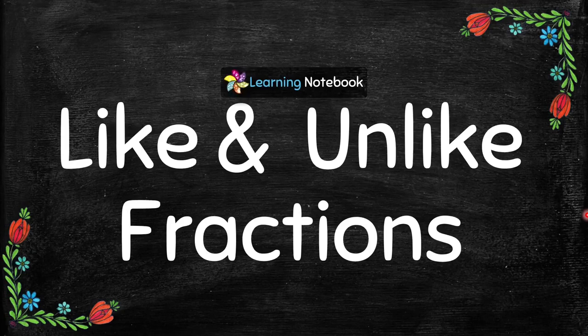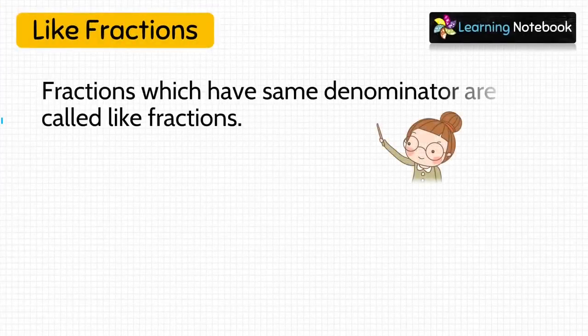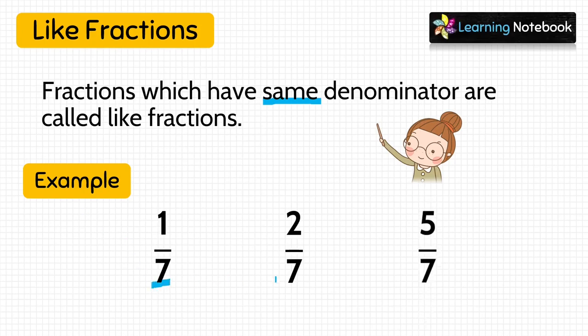Next, let's learn about like and unlike fractions. So what are like fractions? Fractions which have same denominator are called like fractions. For example, 1 by 7, 2 by 7 and 5 by 7. These three are like fractions because they have same denominator 7.